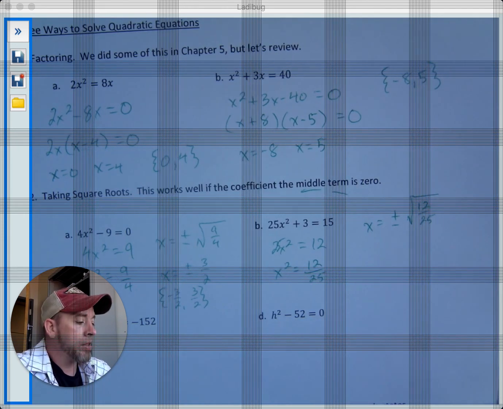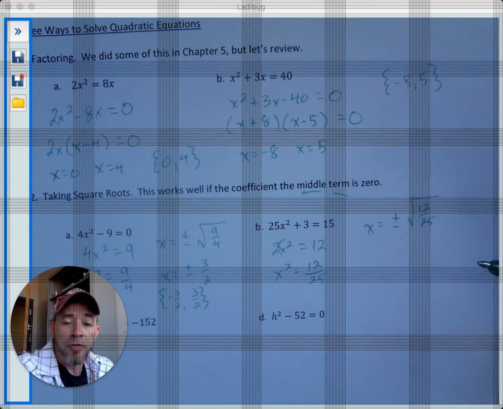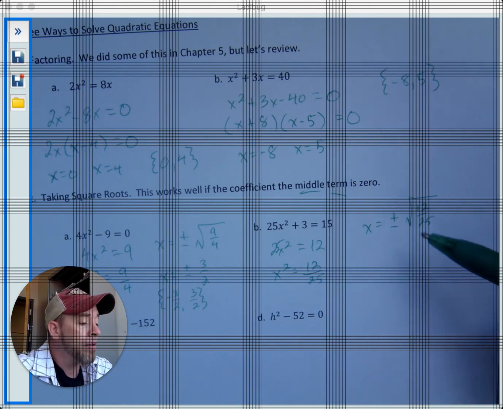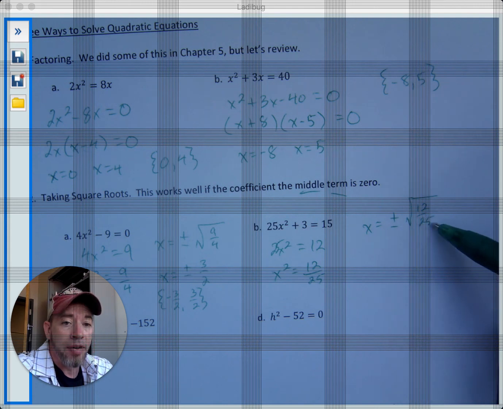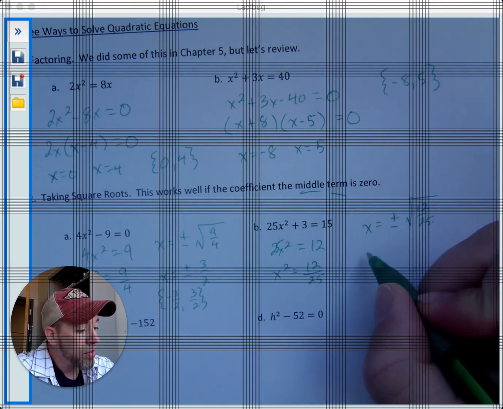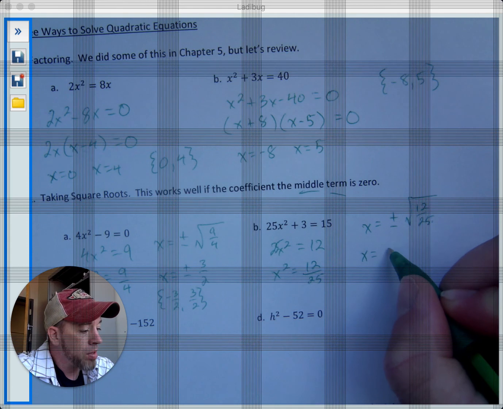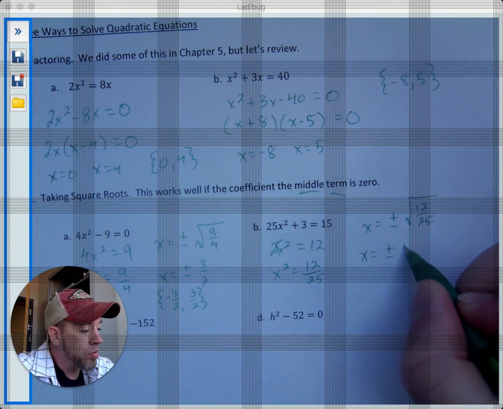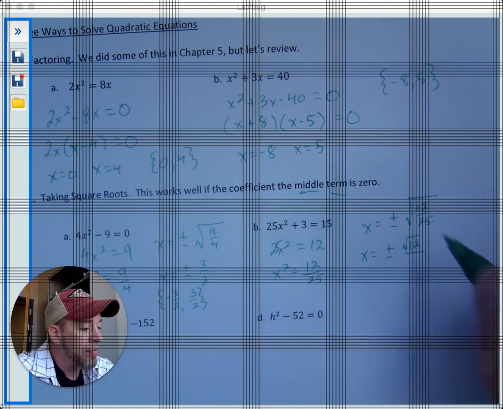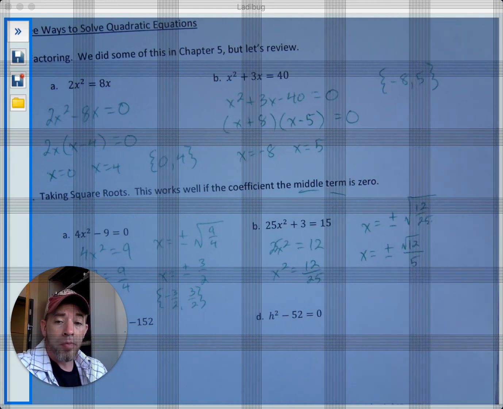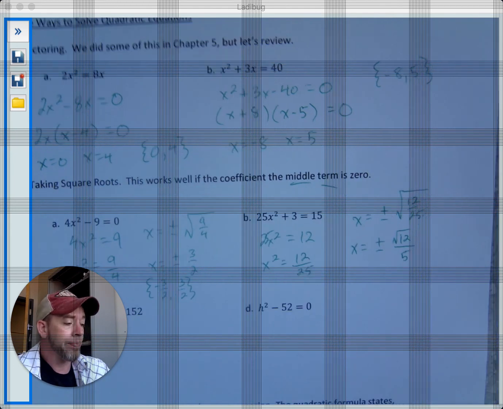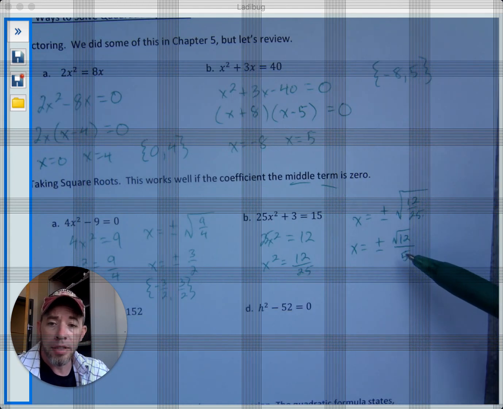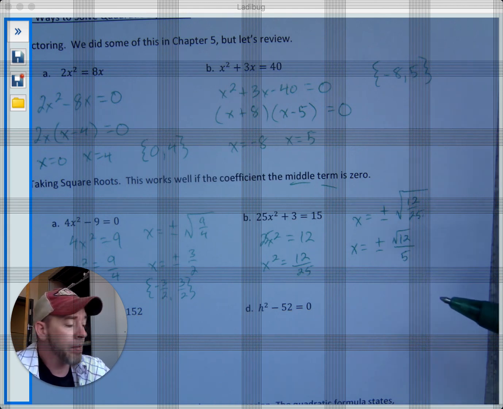Now this one's a little bit more tricky because the simplifying part may be the hardest part for some of you. But if we have the fraction, right, we can take the square root of 25, which is 5. So let's start by doing that. We have plus or minus square root of 12, I'm going to leave alone, but square root of 25 is 5. And some of you might be tempted to leave your answer like that, because the square root of 12 you cannot really take without getting an irrational number.